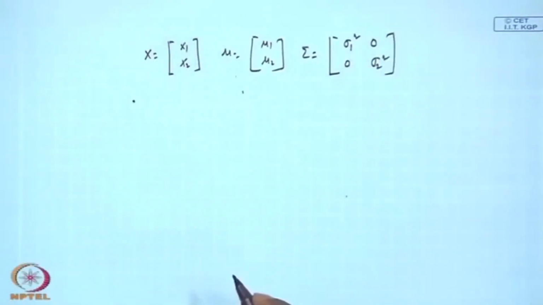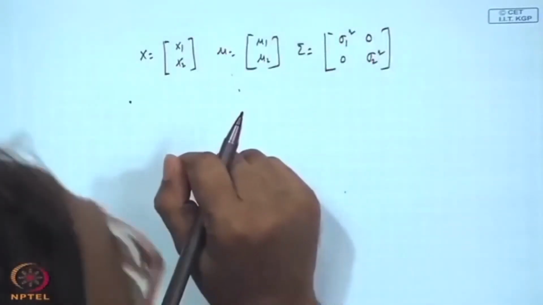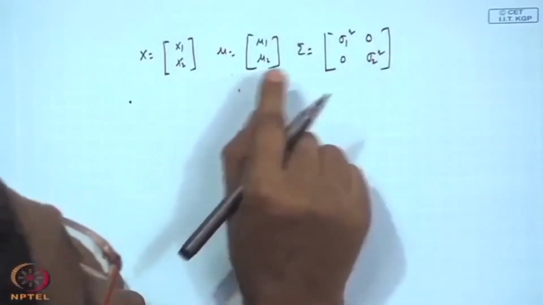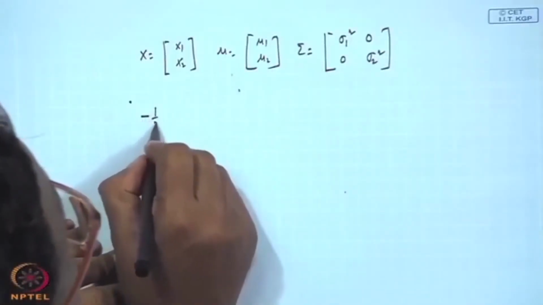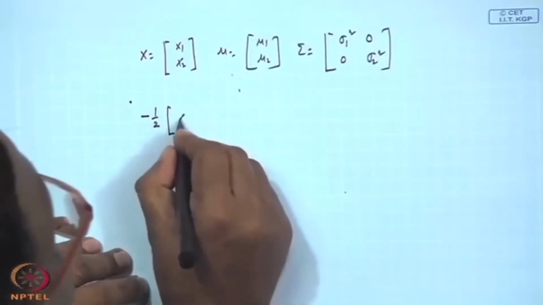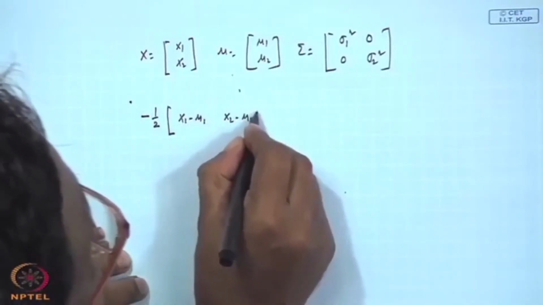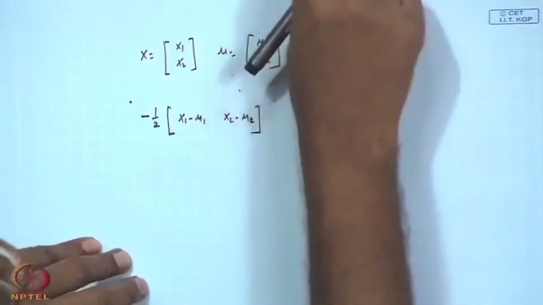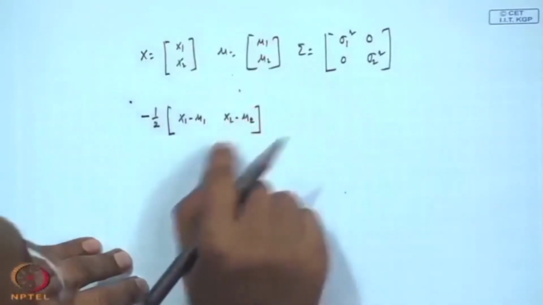We want to prove the independent case first, because we know the multivariate normal density function under this condition. So you write minus half, x minus mu transpose, that is x1 minus mu 1, x2 minus mu 2, which is 1 cross 2.